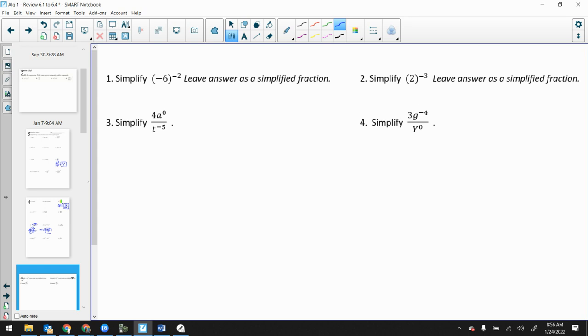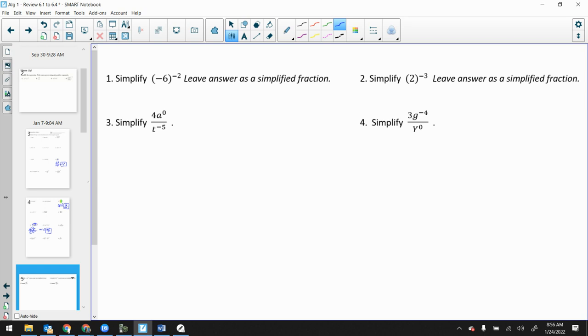Half the points of the quiz come from section 6.1 and 6.2. The other half come from section 6.3 and 6.4. There are more questions from sections 6.1 to 6.2, because I have to give you a lot of different problems to assess whether you know all of the different exponent properties.